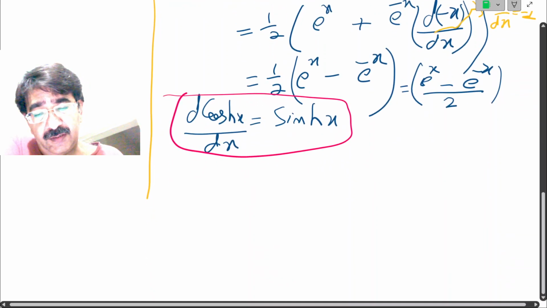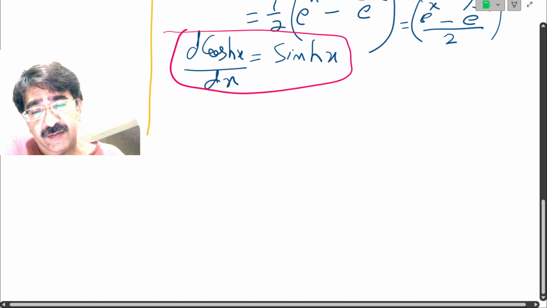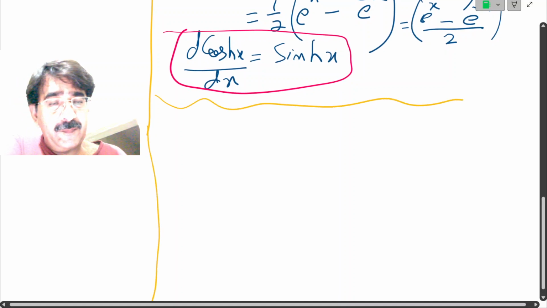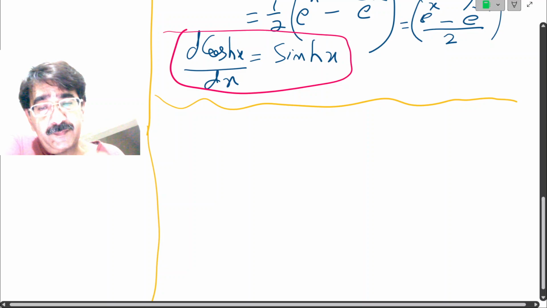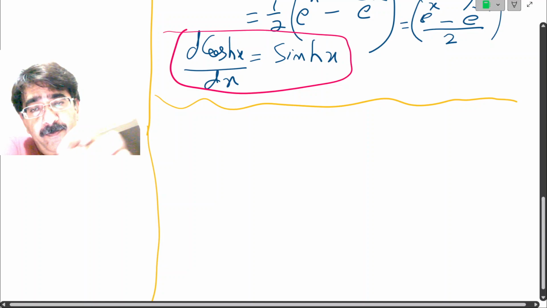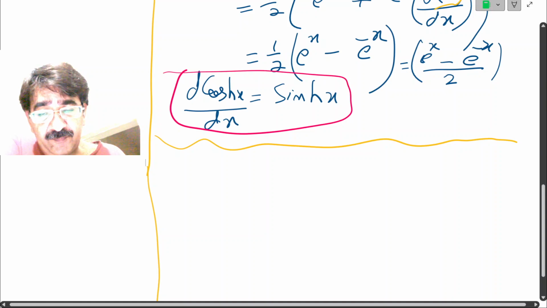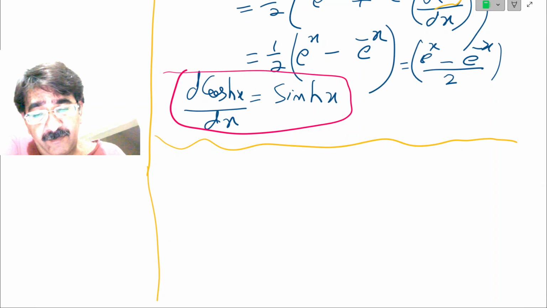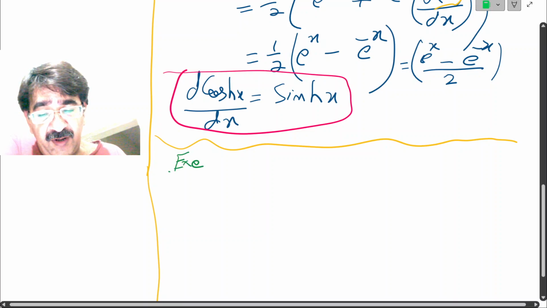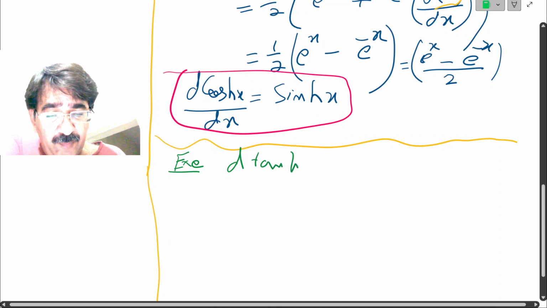Now the next exercise is to find the derivative of tan hyperbolic x with respect to x.